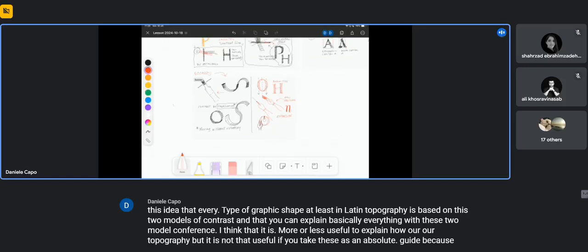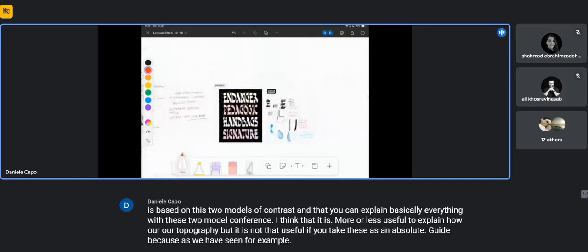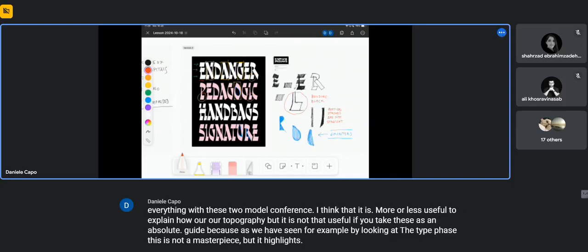Because as we have seen, for example, by looking at the typeface, this is not a masterpiece, but it highlights a lot of the things that I wanted to talk about today.